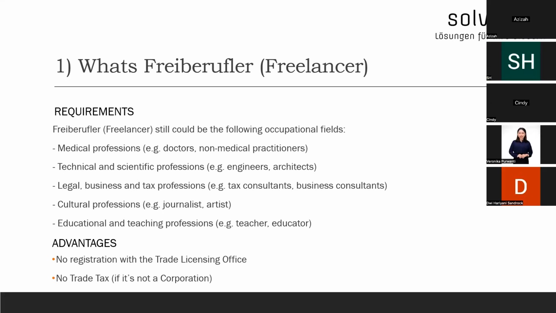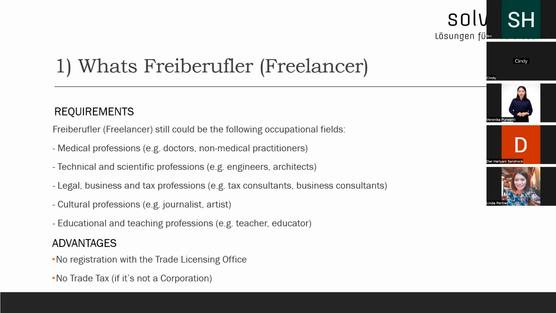So we have specific jobs which will be Freiberufler by definition from the government. As you can see, the medical professionals like a doctor or something like that. So in this industry, it would be a Freiberufler and not Gewerbetreibender.